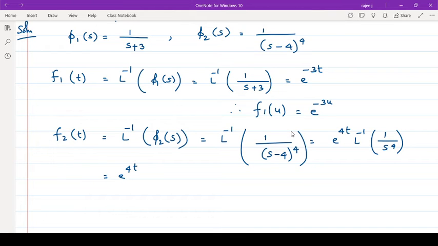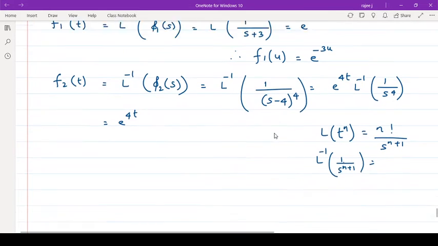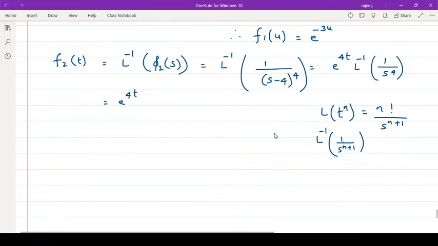Now L inverse of 1 by s raised to 4, if you remember, Laplace transform of t raised to n is n factorial upon s raised to n plus 1. So from here, L inverse of 1 upon s raised to n plus 1 is equal to 1 by n factorial t raised to n.